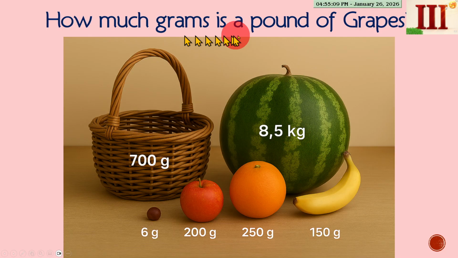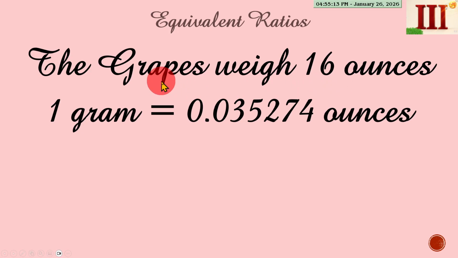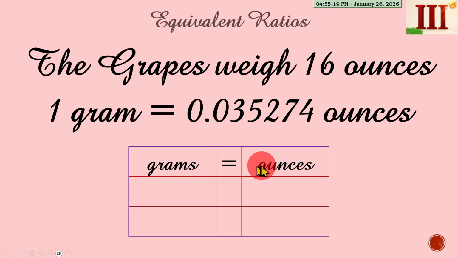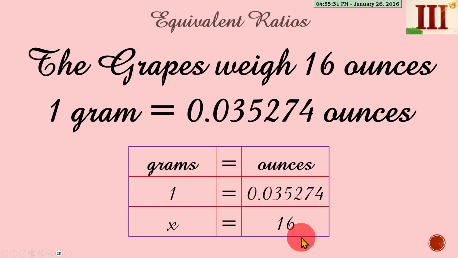So when we looked at how many grams is a pound of grapes, again, we have grapes, 16 ounces. If grams to ounces, you put the grams, you put the ounces, put your conversion underneath, 1 gram, 0.035 ounces. 16 will go under the ounces, the X will go on this one.